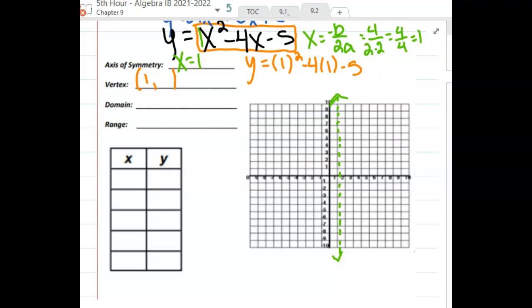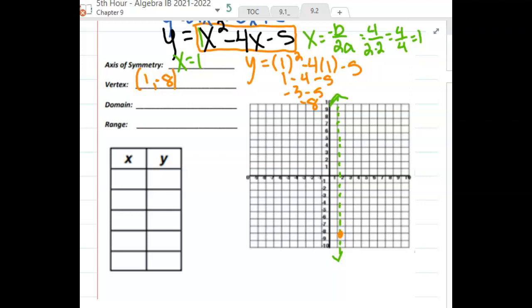If we follow order of operations, 1 squared is 1. Multiply 4 times 1 is 4. 1 minus 4 is -3. -3 minus 5 is -8. So your vertex is at 1, comma, -8.